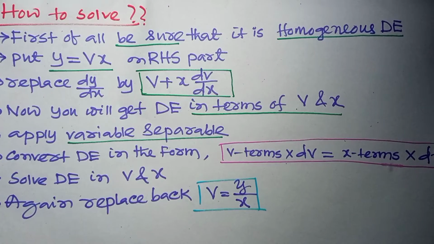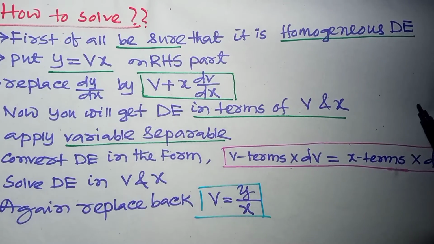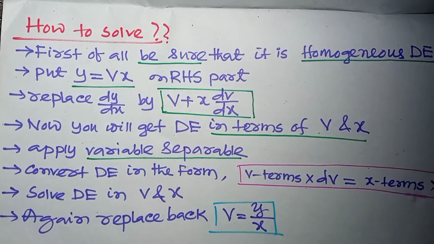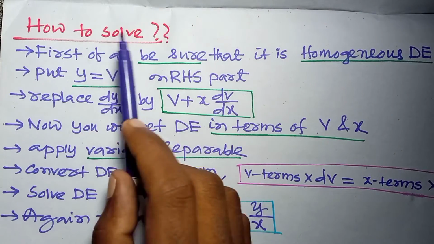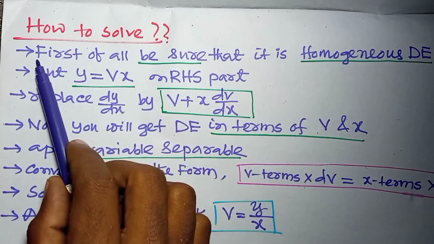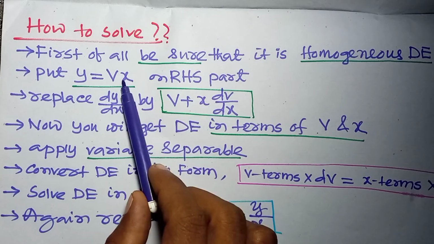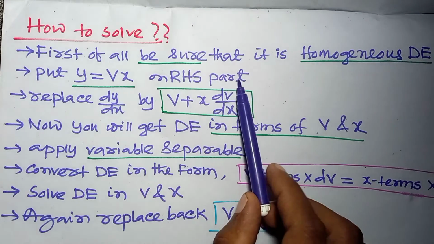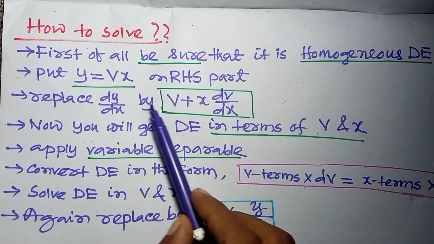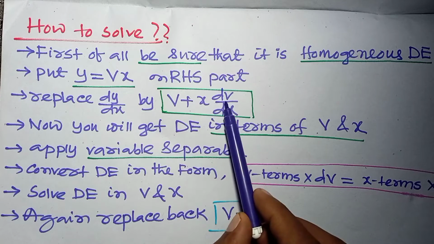Then how to solve a homogeneous differential equation? Here are the steps to solve it. First of all, be sure that it is a homogeneous differential equation by following the preceding method. Then put y is equal to vx on the RHS side and replace dy by dx by v plus x into dv by dx.